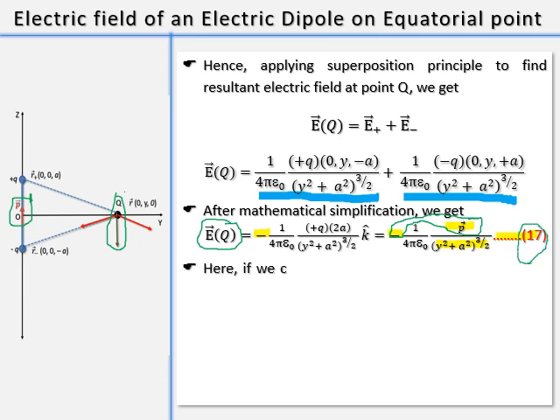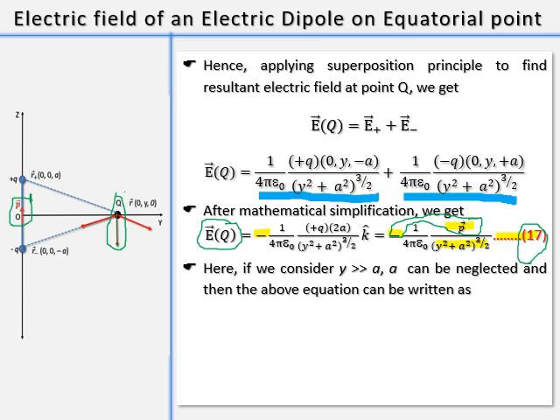Now, most of the time the dipoles under consideration are molecules, and the dimensions of molecules are of the order of a few angstroms, and in most real-time situations we are interested in the electric field at some point which is at, say, a few nanometers away from the dipole, and so most of the time we can say that a is very small compared to y.